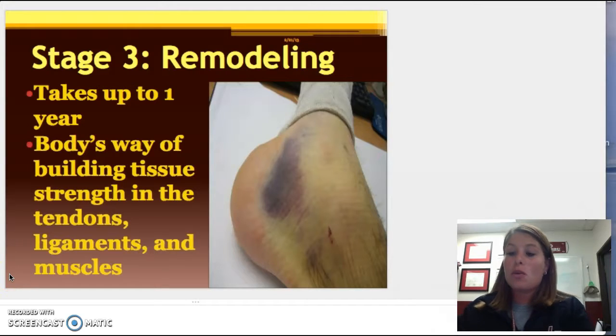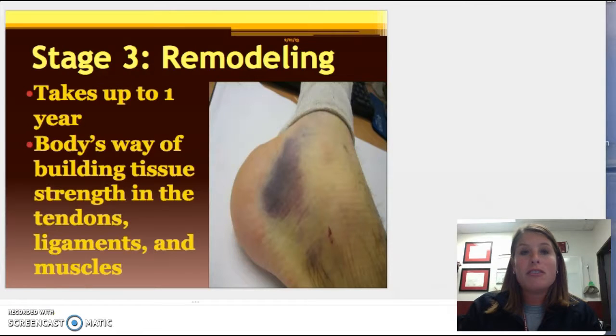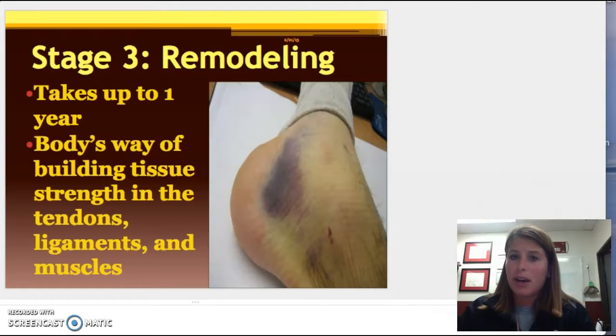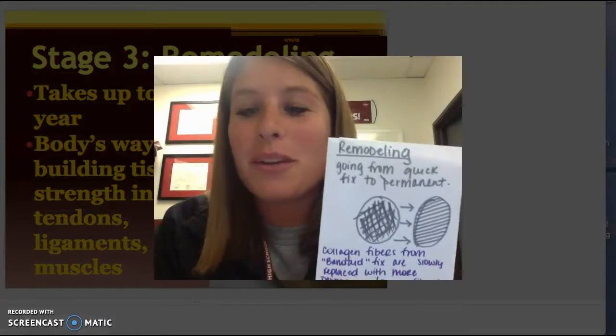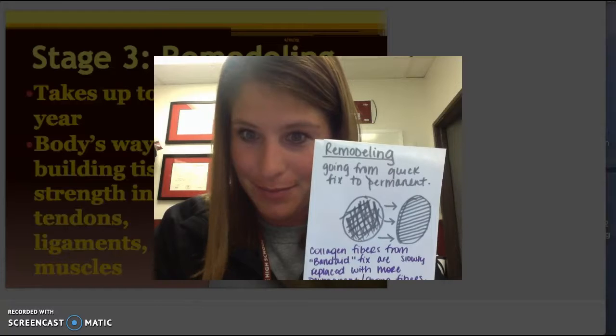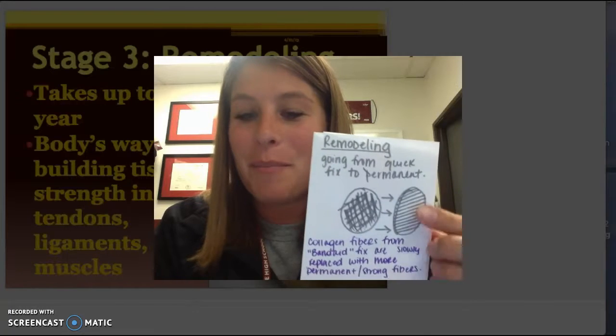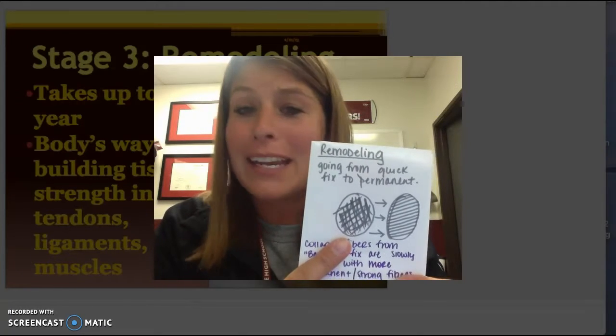So with phase 3, you can see that the tissue is changing. The pain goes away and you start to have a whole lot better range of motion.